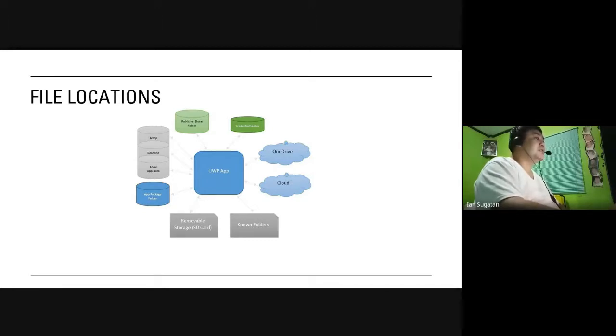Microsoft OneDrive is a free online storage that comes with your Microsoft account. Then your cloud, known folders such as My Pictures, videos and music, and removable storages such as your USB storage device or external hard drive. These are the things that you need to consider for file locations.